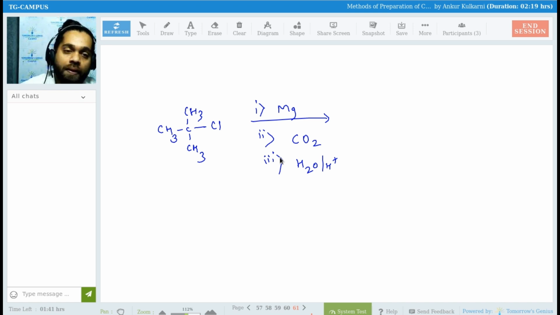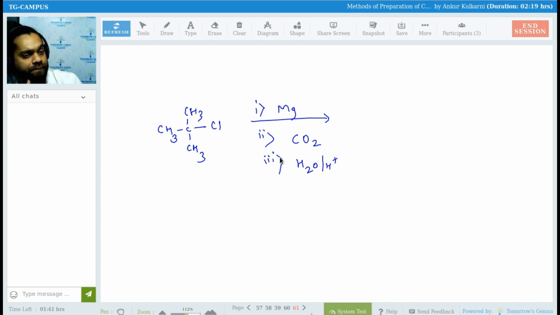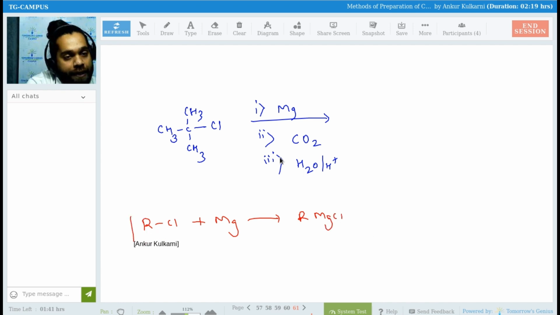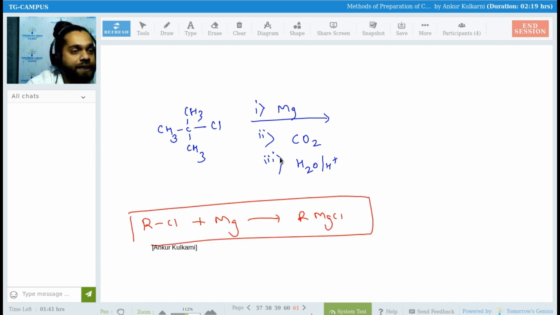Sir, addition of Mg. Where will you add it? Sir, in the center carbon. Whenever you have RCl, always remember if you react with Mg, it is an insertion reaction, giving RMgCl. Getting it, Sasidaran?